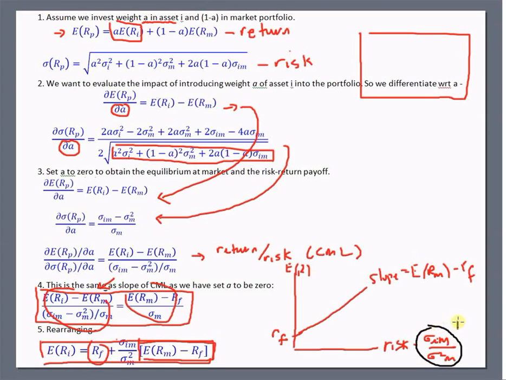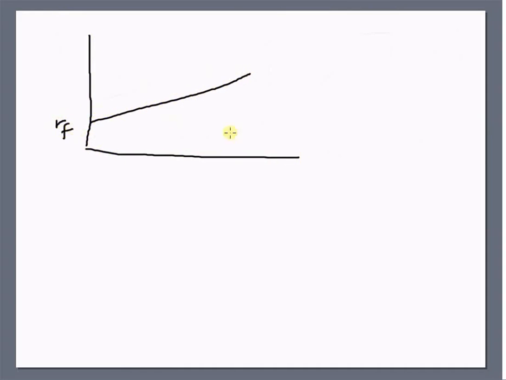Okay, let me begin a new layer to talk a bit more about the SML framework. I'll redraw the graph. The risk is now known as beta, which is given by the covariance between the asset and the market over the variance of the market.